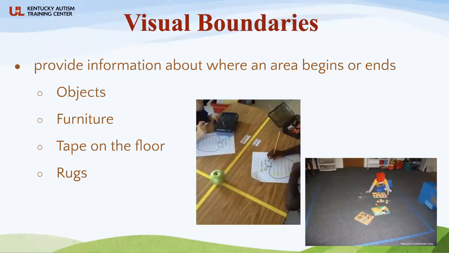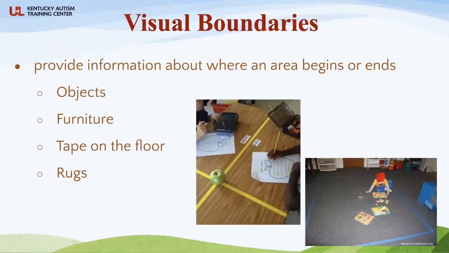So this can look like, on a table or on the floor, just taking painter's tape in different colors, if the colors represent something, to allow the child to know where exactly they need to work, where they need to eat, basically where the boundaries are, where they need to sit, what certain parts of the house or whichever setting they are in that they are allowed to go into or not allowed to go into.